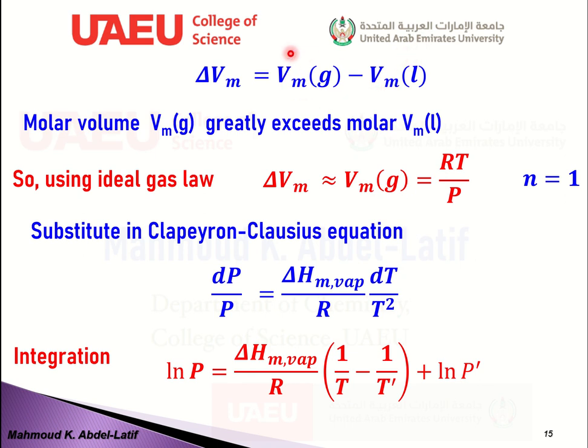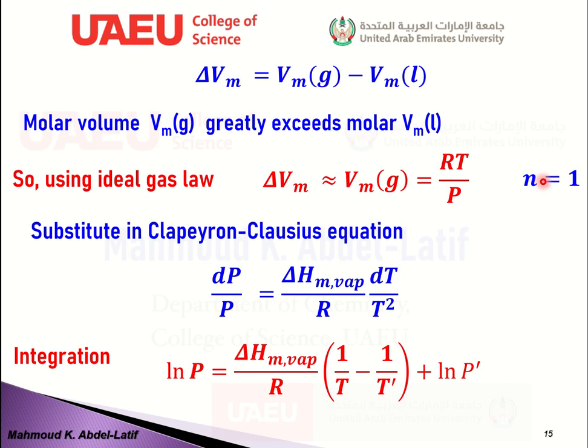The molar volume of the gaseous state you can get by approximation using the ideal gas law: delta Vm equals RT divided by P, where n equals 1, that is, one mole.